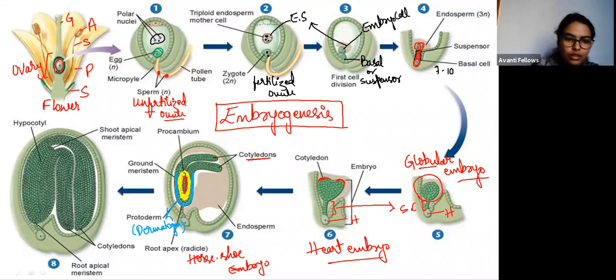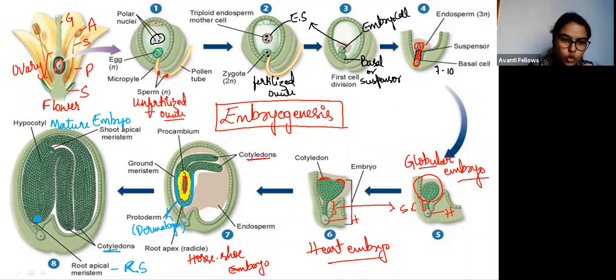Now what you are looking at here is the mature embryo. Here you can see very prominent cotyledons, and this is the root apical meristem. That means it will give rise to the root system.